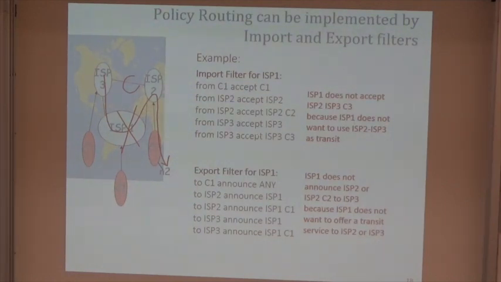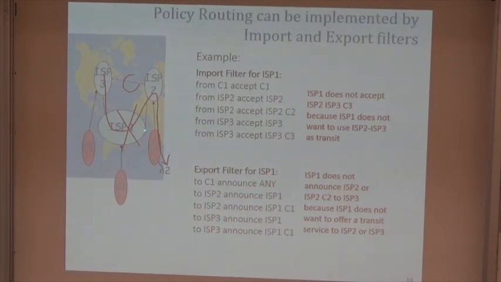But ISP1 would refuse a route like ISP2, ISP3, C3. So this route that goes across the Atlantic, sent to ISP1 by ISP2, would be refused by ISP1. Or at least ISP1 could write a set of rules that would forbid this. Because ISP1 does not want to use ISP2, ISP3 as transit, which is the other way around.